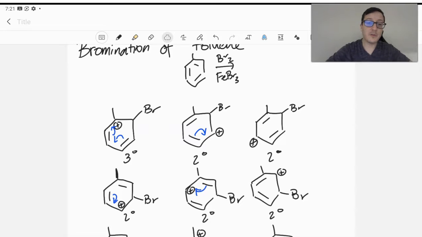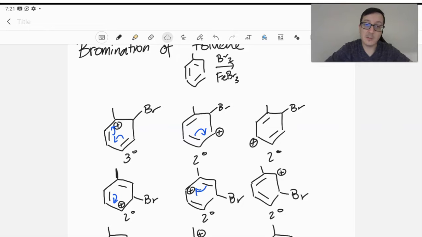As we know, we would form a carbocation through a normal EAS mechanism, and that carbocation is stabilized through resonance. That's what the sigma complex is. And as we see through these resonance contributors, we have a tertiary carbocation on the left, a secondary carbocation in the middle, and a secondary carbocation on the right.